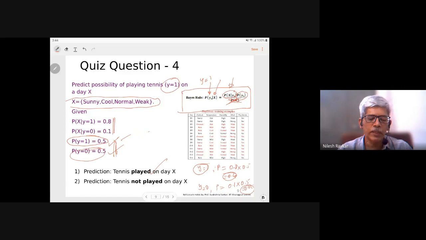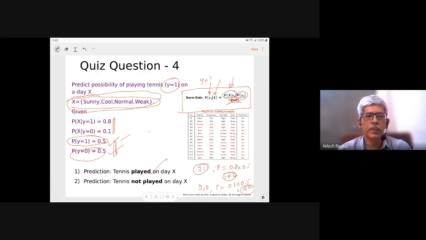However, the catch lies in calculating the probability for a given pattern. What is the probability that this particular pattern will exist when people are playing tennis? What is the probability that the day will be sunny, temperature will be cool, humidity will be normal and wind is weak when people are playing tennis? That particular combination may not exist in your data set at all.